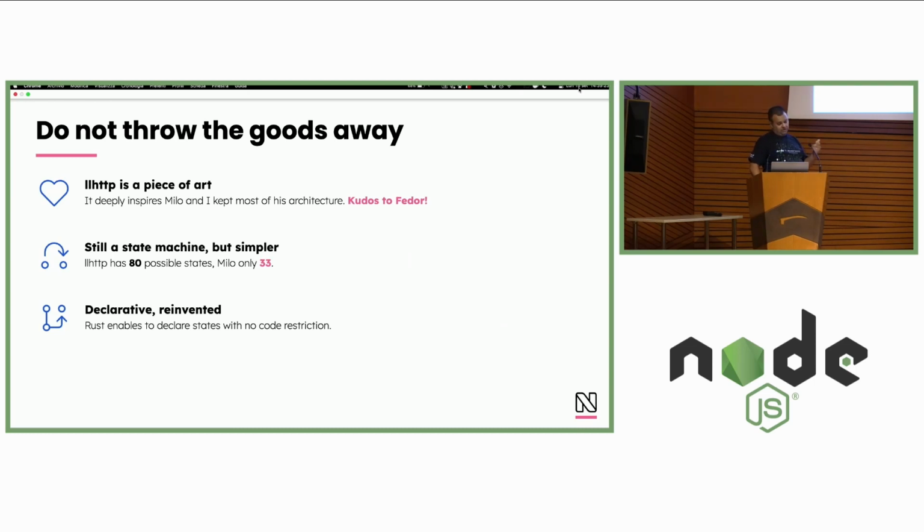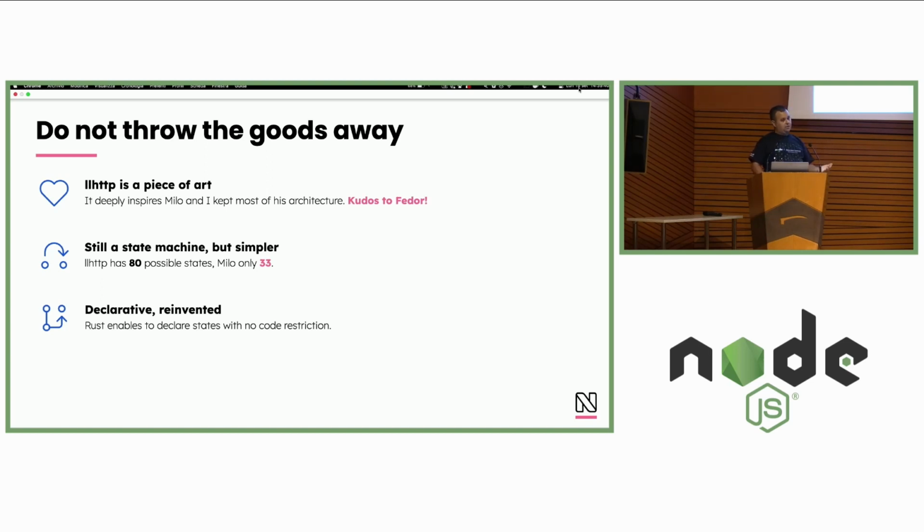Anyway, like I was saying, I don't want to throw the good part of LLHTTP away, because Fedor wrote a very nice parser, and I want to give all kudos to him. LLHTTP deeply inspires Milo, and I kept most of its architecture. I just heavily simplified it.